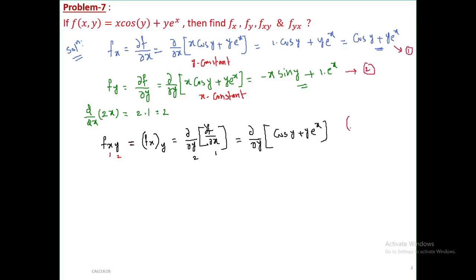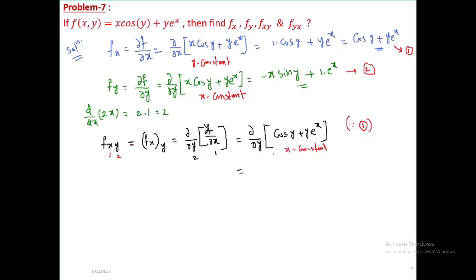Next, dou by dou y of this. With respect to y, obviously x is constant here. Not only x, all the remaining variables are constant. If it's a 3 variable function, with respect to y you are doing, therefore x and z are constant. Since it is a 2 variable function, the other variable x is constant.